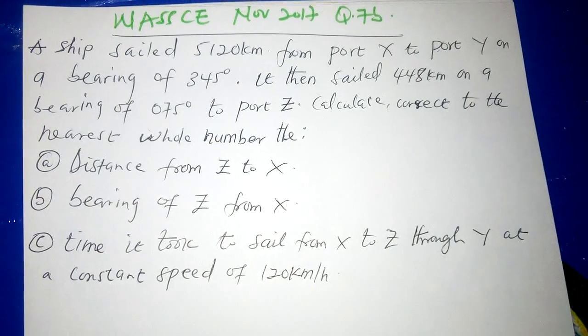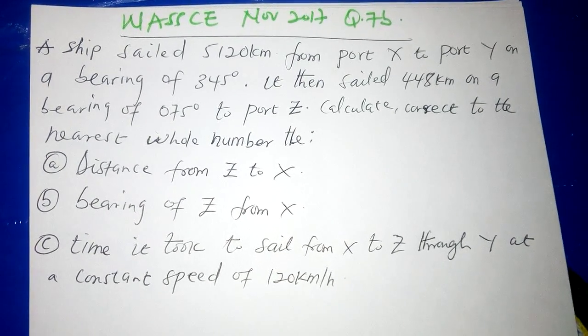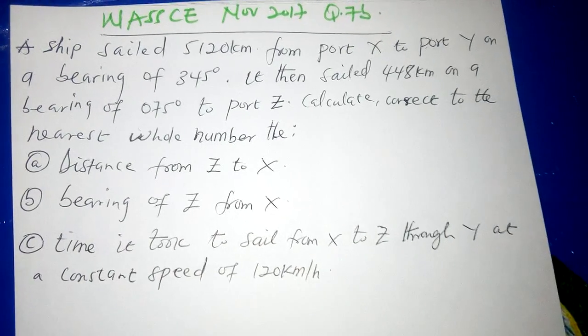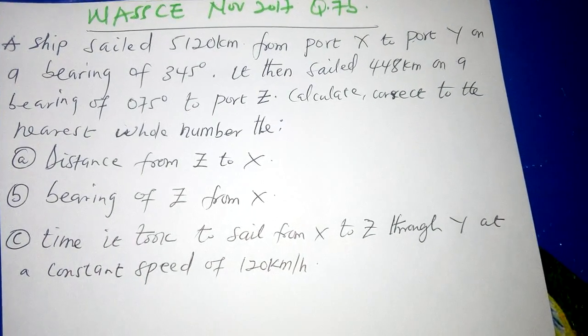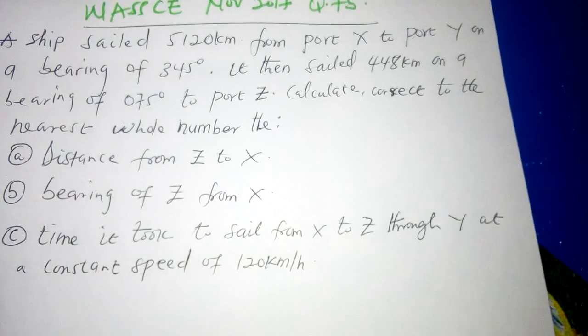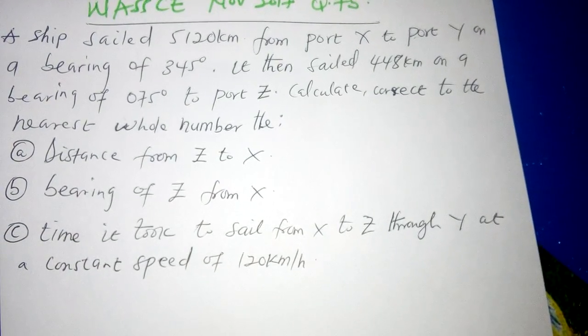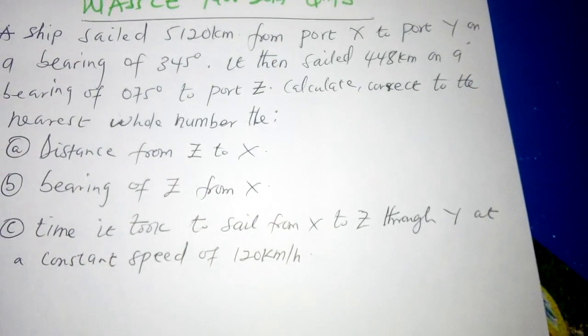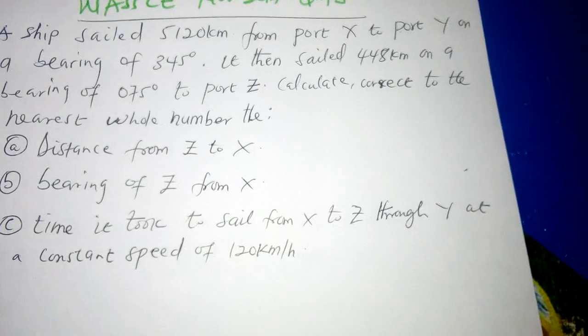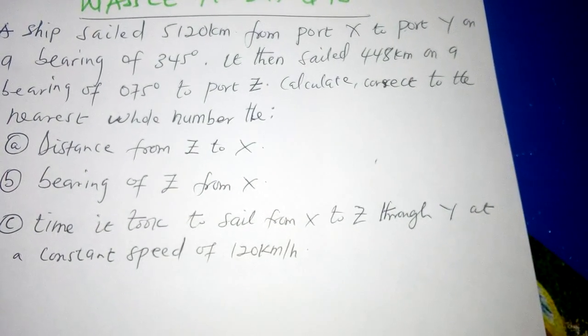What's in November 2017? Question 7b. This is a bearing question. It says that a ship sails 5120 kilometers from port X to port Y on a bearing of 345 degrees.